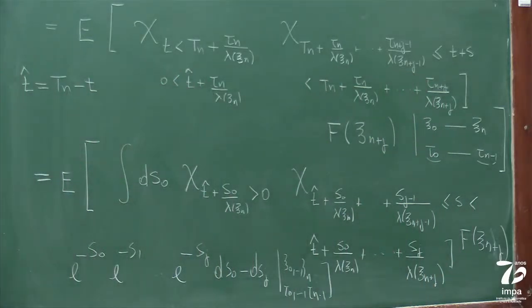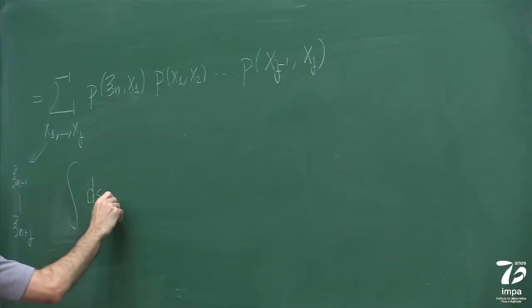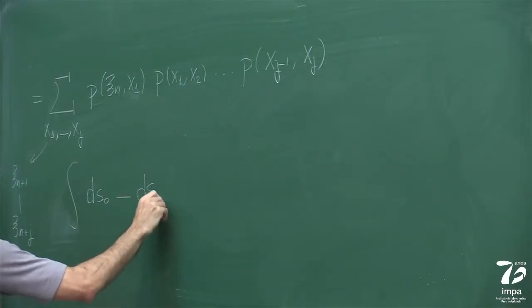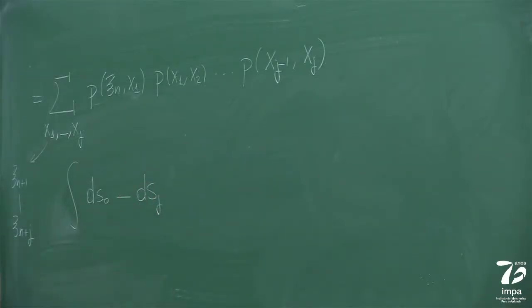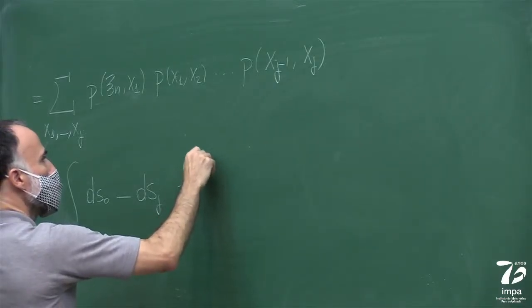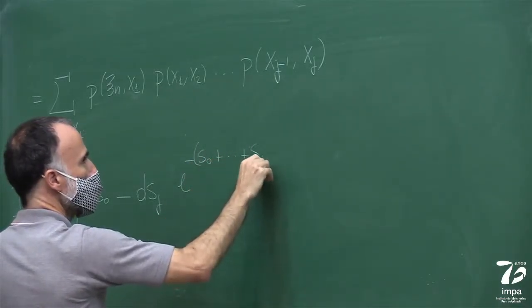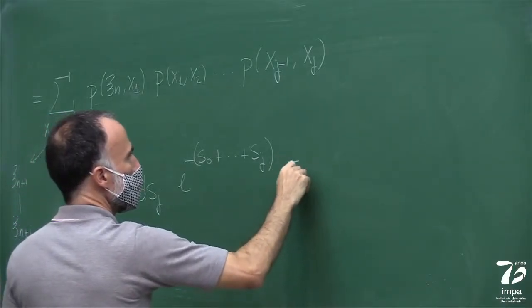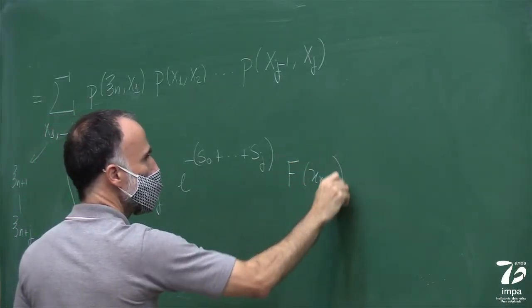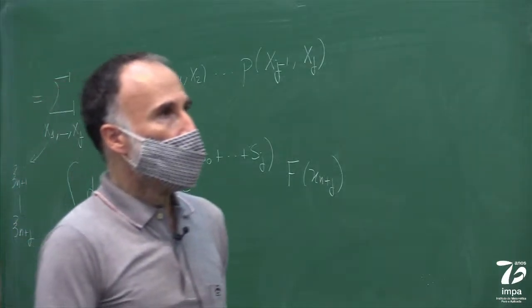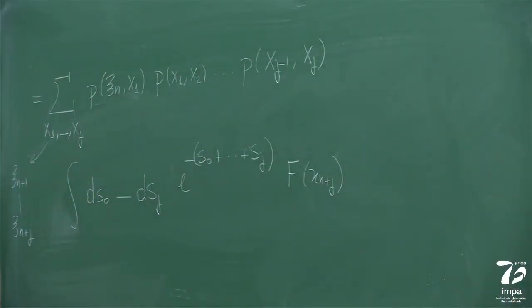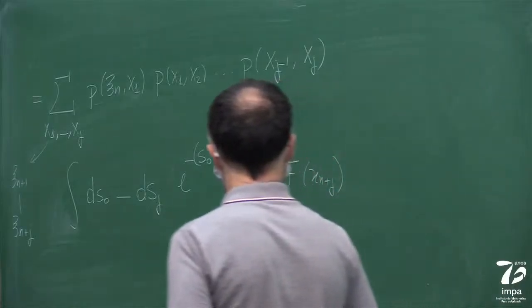Well, okay, I have to write everything now in my integral. So I have an integral in ds0 up to dsj, right? And exponential minus s0 plus sj, f x n plus j, and the indicators.